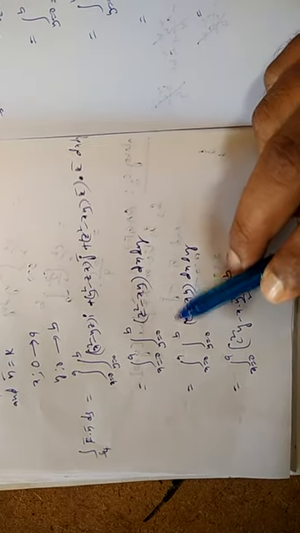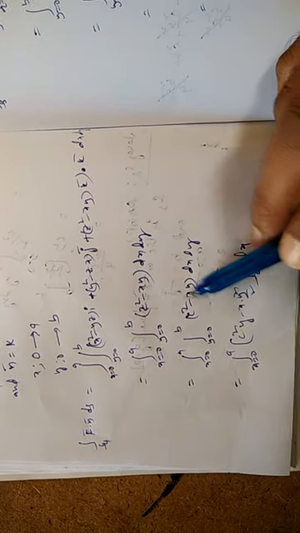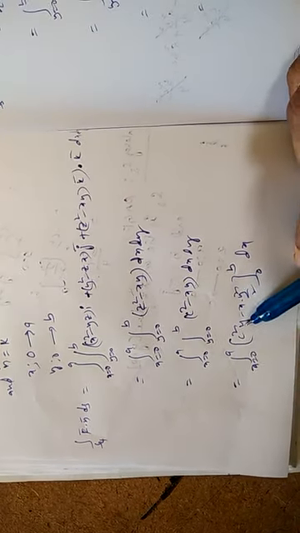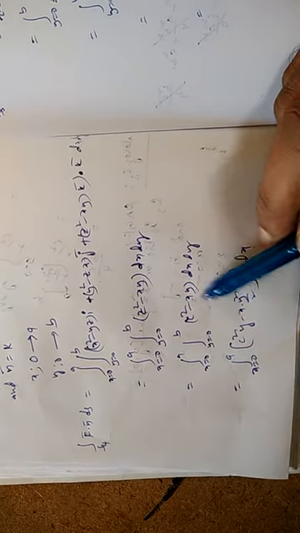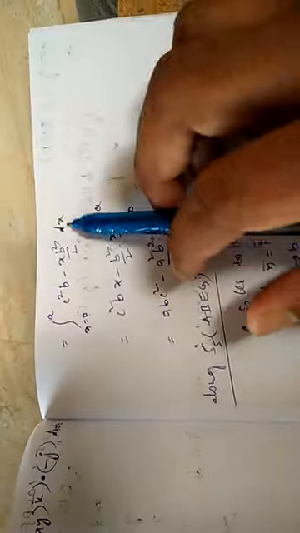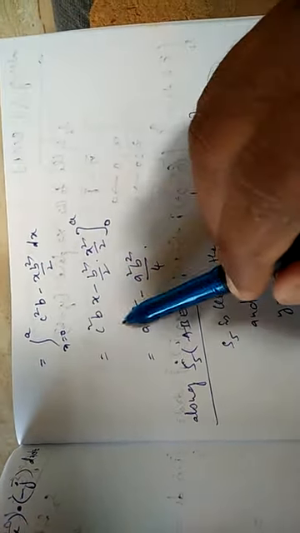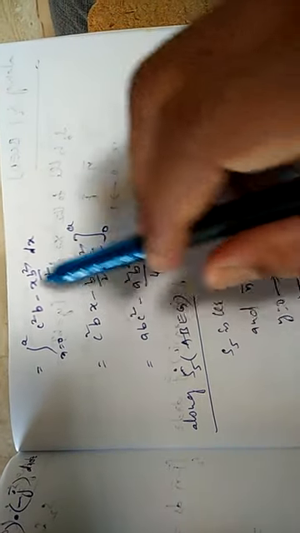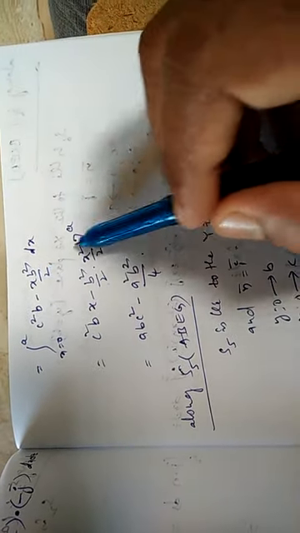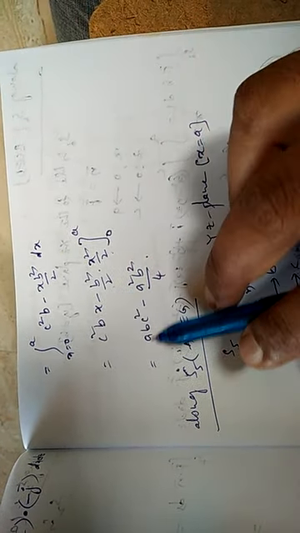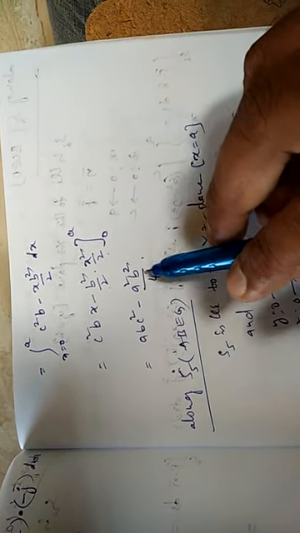C square is a constant, that integration is y, minus x into the integration of y, y square by 2. Apply the limit: c square b minus x b square by 2, lower limit is 0. Now you have to integrate with respect to x. C square b is a constant, that integration is x, minus b square by 2 is a constant, x integration x square by 2. Now apply the limit: a b c square minus a square b square by 4.